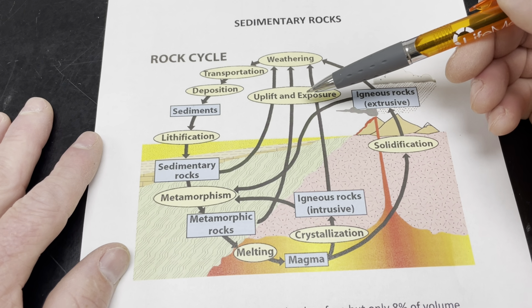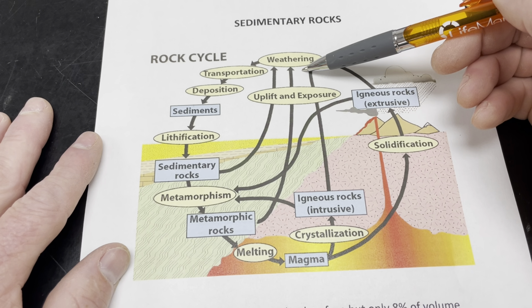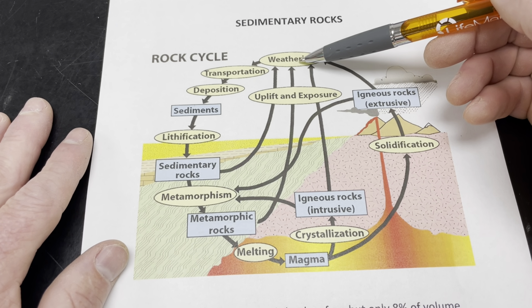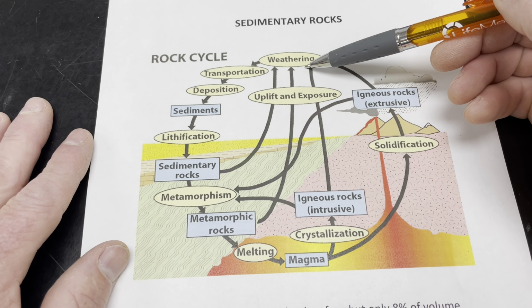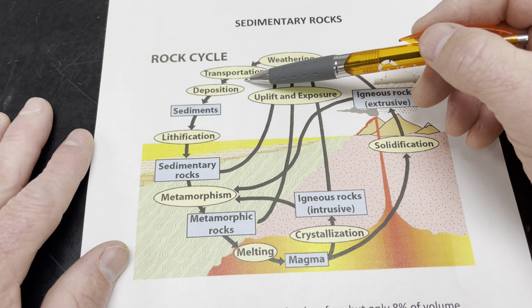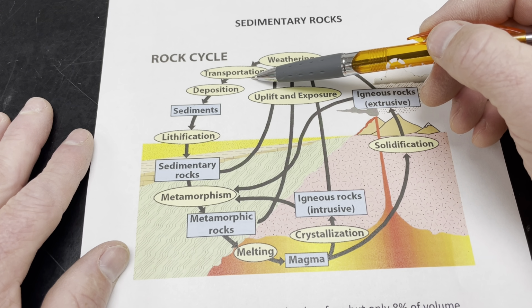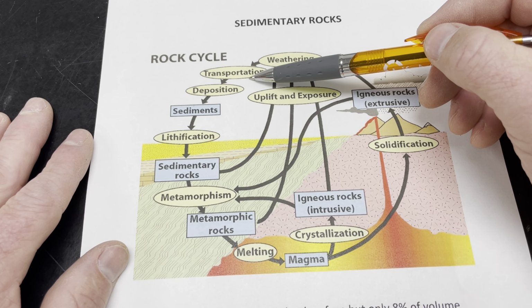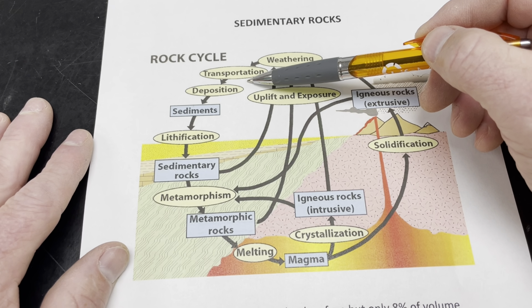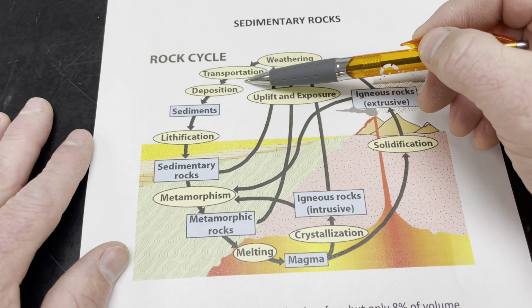But what happens to those rocks when they are at the surface, when they are weathered, which means they're broken up into smaller pieces by different processes? Those weathered particles, or sediments, are transported by various mechanisms, which could be ice, wind, or water, which encompasses rivers and streams, lakes, and ocean processes.